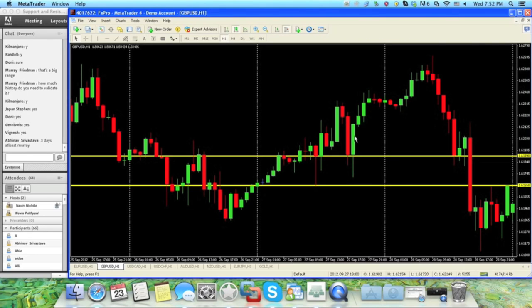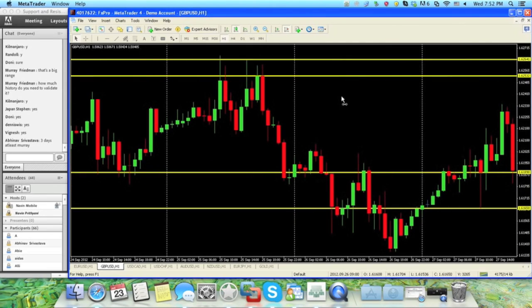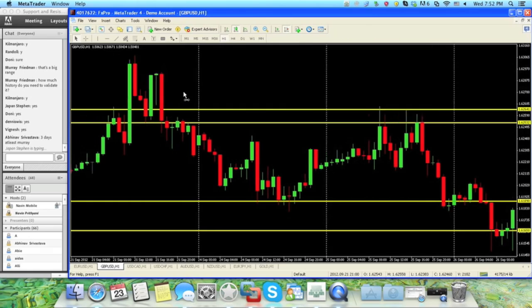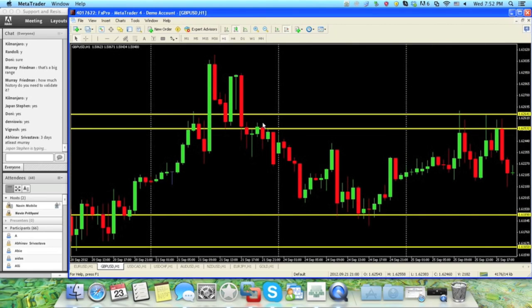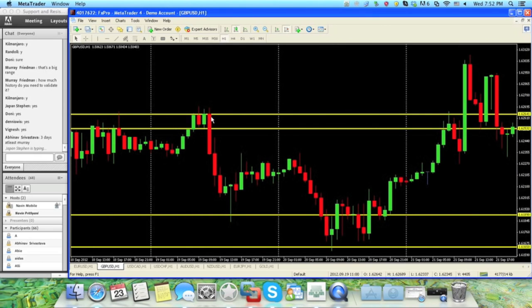Let's see. What if we use this area on top here? And we use this tail. Okay. We're holding this area in the past. That's fine. Okay, we have a big candle breaking this area. Perfect also. We're holding this entire market here.